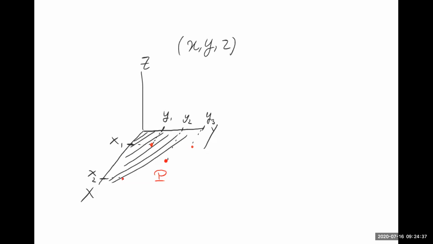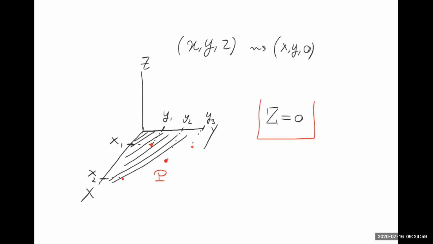What about Z, the third coordinate, the height of these things? Well, it seems the height of all of them is 0, right? Z for all of them is 0. So the third coordinate is actually 0. What does it mean? It means Z is equal to 0.